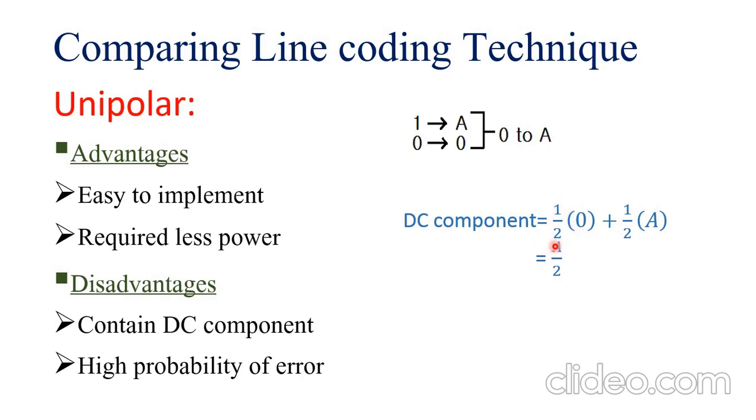and amplitude of 0, that is 0, plus probability of 1, that is 1 by 2, and amplitude of 1, that is A. So the DC component is 1 by 2 into 0 plus 1 by 2 into A. So that will result in A by 2.